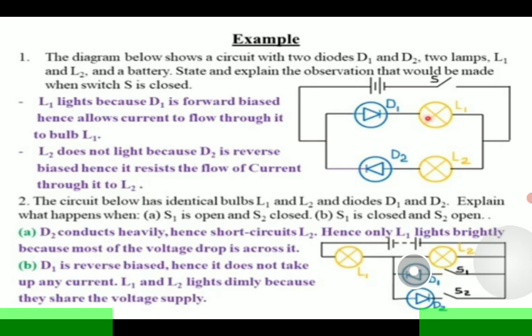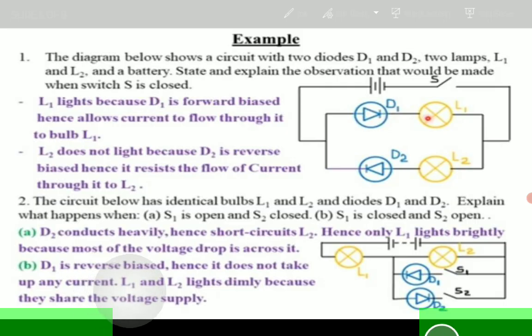So diode 1, if you follow this path, is connected to the positive of the cell. The n end is connected to the positive side of the battery, while D2, if you follow the cathode here, the n end is connected to the negative.